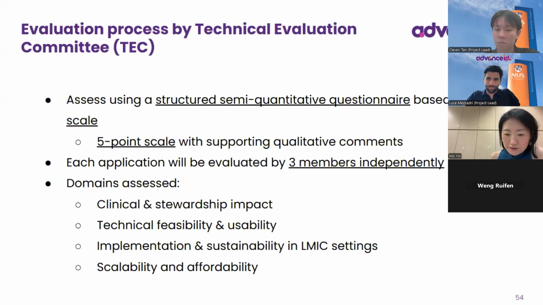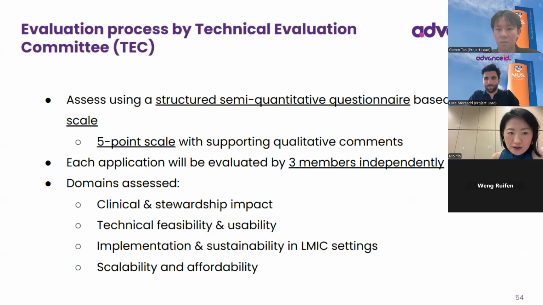So in terms of evaluation of the technologies, again, the form will be circulated after this webinar on our website, as well as through email. We'll be using a semi-quantitative questionnaire with a Likert scale, is 5 points, and each application will be carefully evaluated by 3 members from our technical evaluation committee.